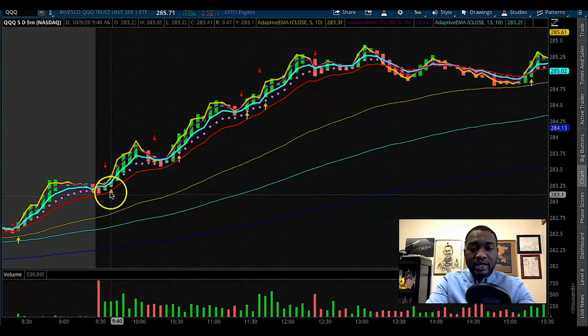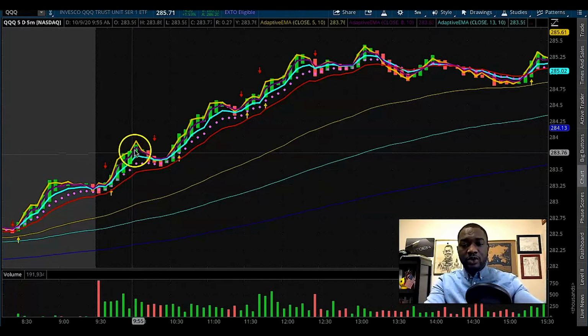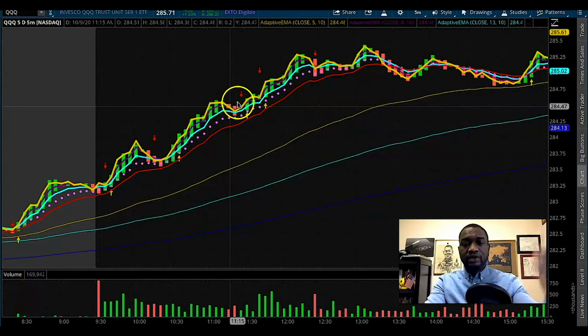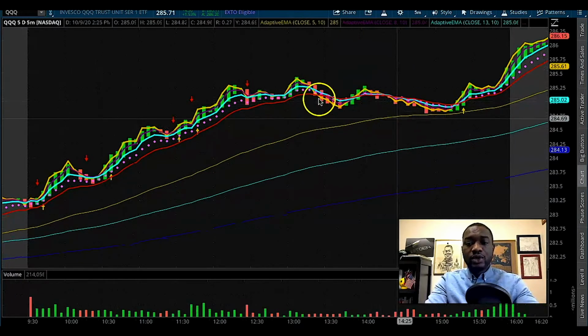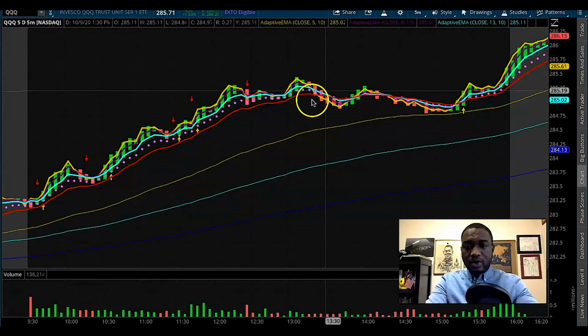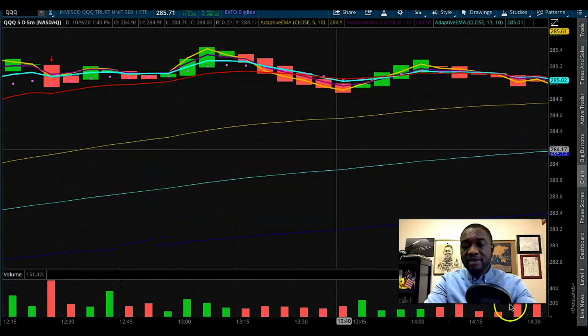Basically, when this signal comes out, the yellow line is above, and the actual price, the candlestick, is obviously green. So when it's above, you want to take only the green trades. And when it's below it, you want to do only the red trades.